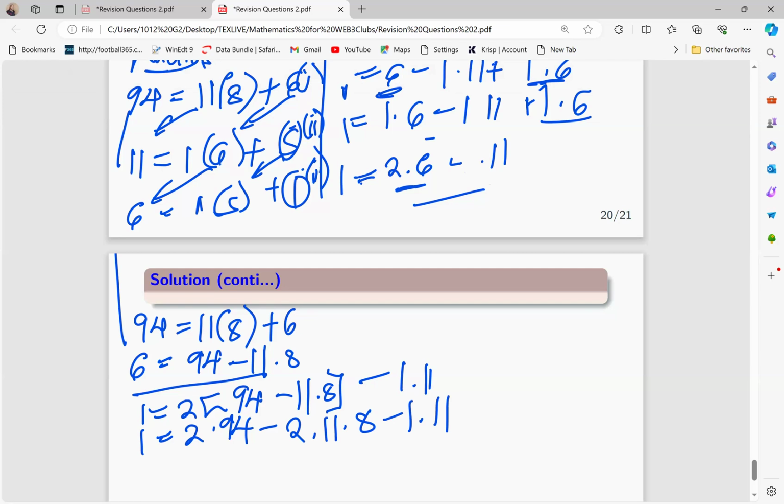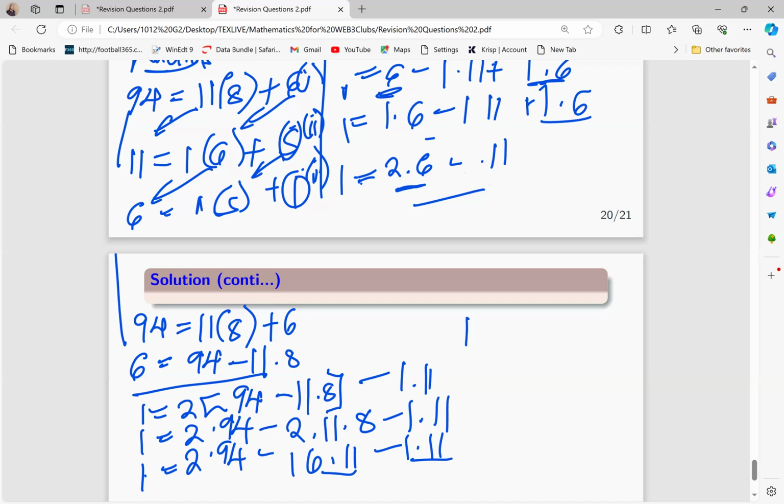Then now we collect like terms. So 2 by 8 is 16, as you were saying. So it becomes 1 is equal to 2 by 94 minus 16 by 11 minus 1 by 11. That one makes sense. After that, we collect like terms, which is the 11s. So negative 16 minus 1 is equal to negative 17.